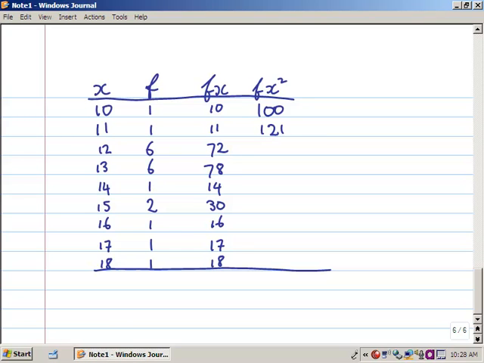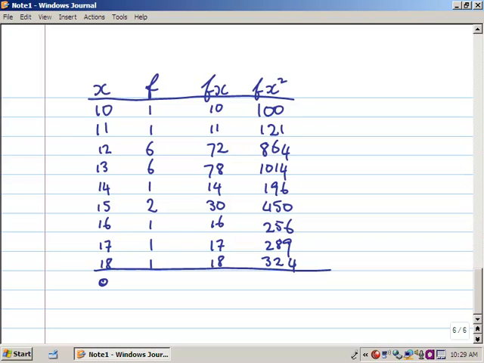You'll pull out your calculator. 12 squared, 144 times 6 is 864. 13 squared times 6 is 1014. 14 squared times 1 is 196. 15 squared, 225 times 2 is 450. 16 squared is 256. 17 squared, 289. 18 squared, 324.